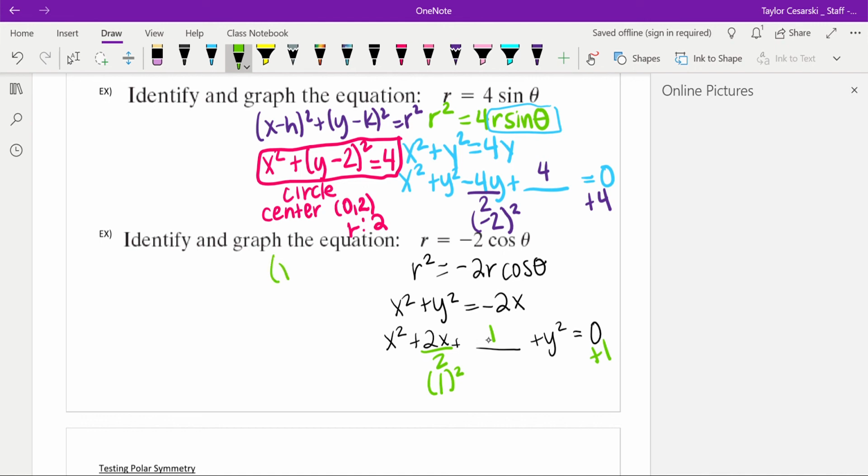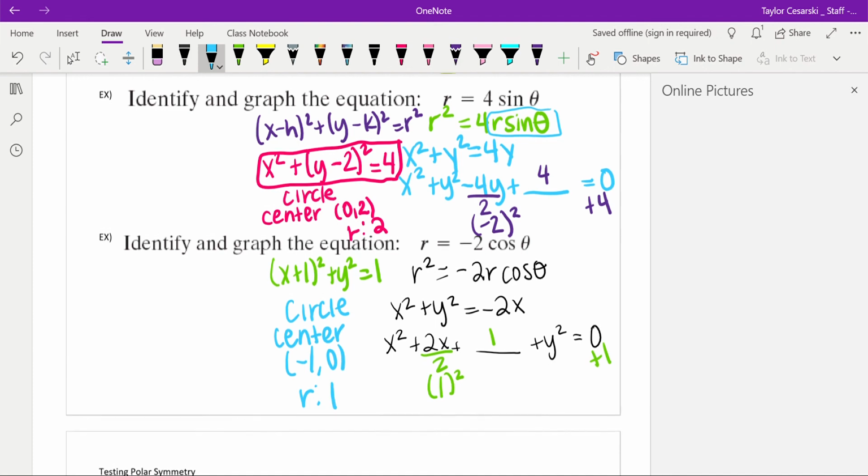So I end up with (x plus 1) squared plus y squared equals 1. Okay, so this is a circle with the center at (-1, 0), because opposite of what's in your parentheses, and then the radius is 1, because the square root of 1 is still 1.